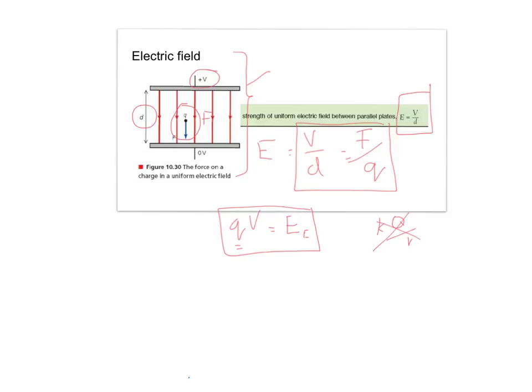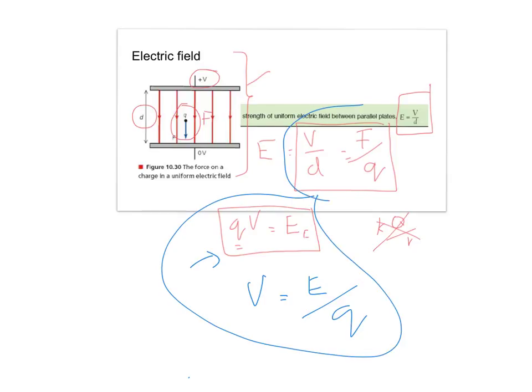Similarly, for your potential you would use this relationship: V equals the energy over the unit charge. So we only need to consider these relationships: electric field strength, energy, and potential.